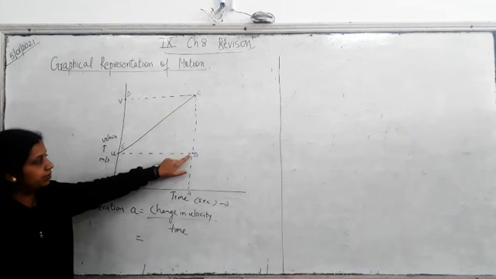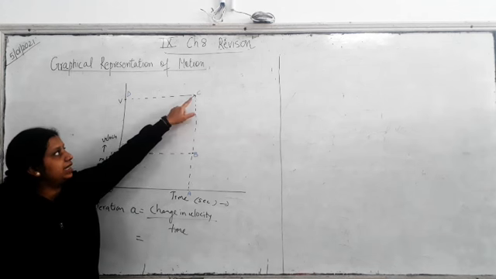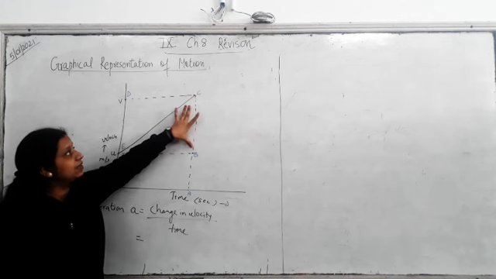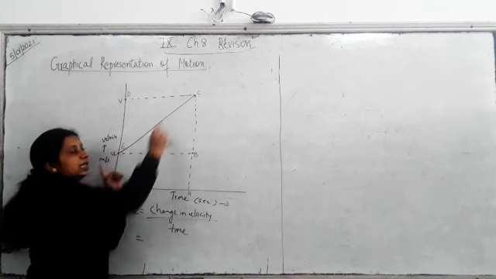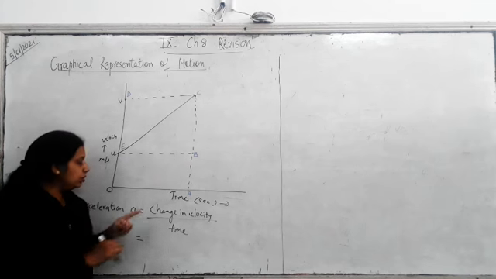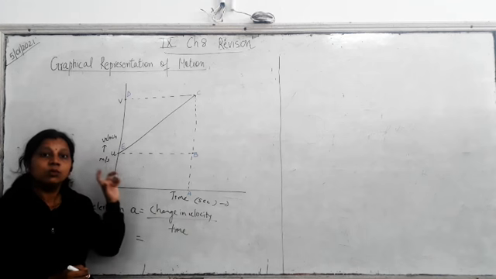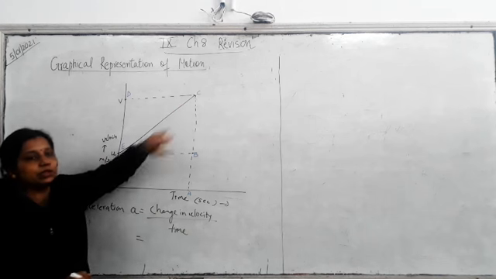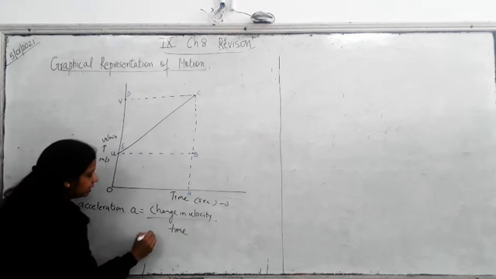So initially it is at this point B and then up to C. This is your change in velocity. This whole straight line is representing your accelerated motion with respect to time. Then you have to talk only about change in velocity. You have to see the y-axis. So BC is your change in velocity. So I will write BC.